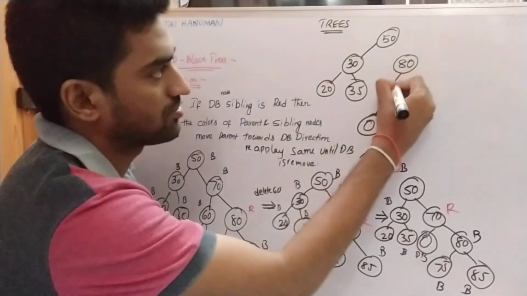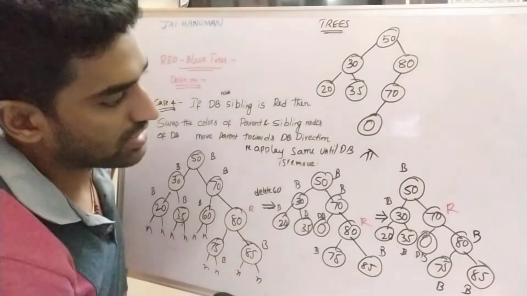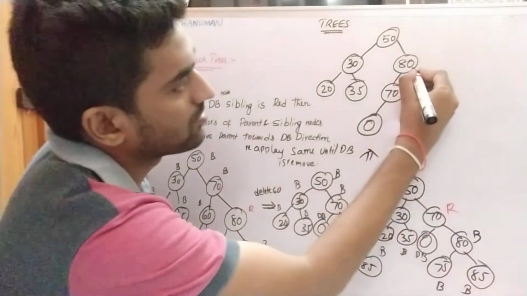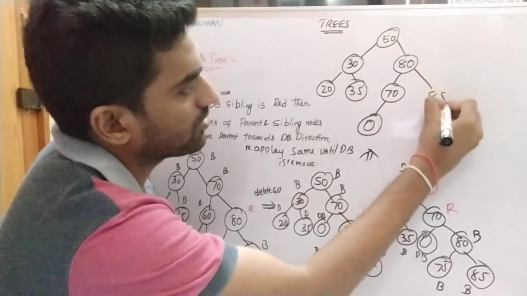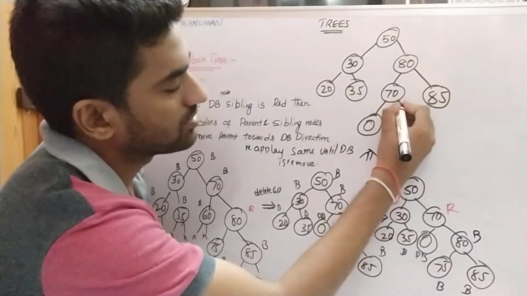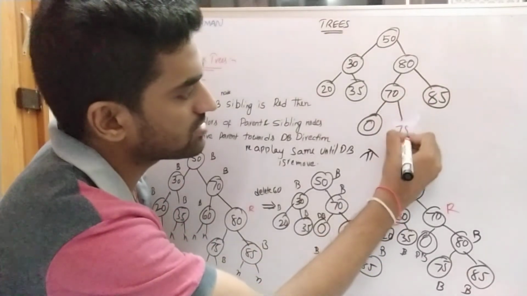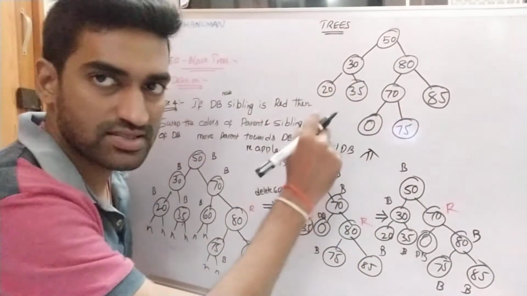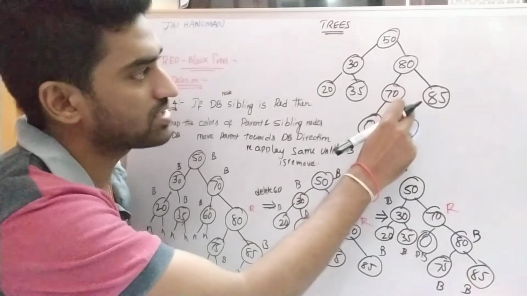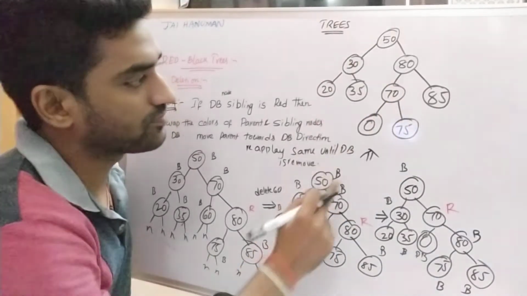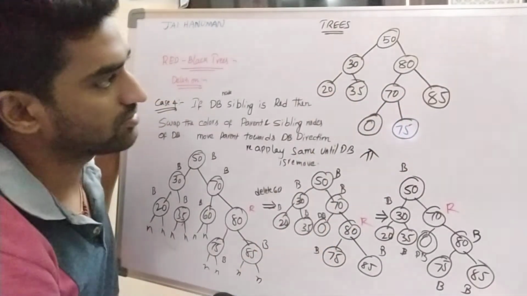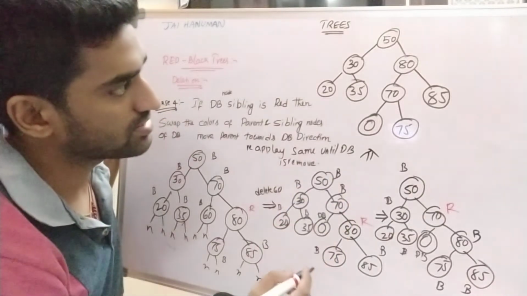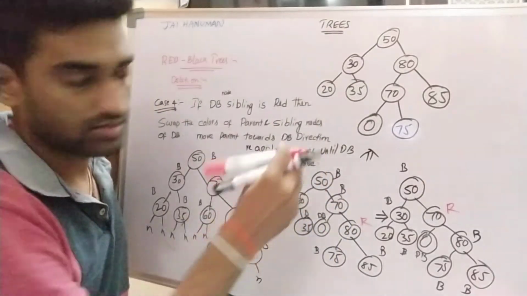DB. So 80 contains 85. So 75 is placed at this one. According to BST property, 75 is placed at right of 70, right? So 70 becomes red.